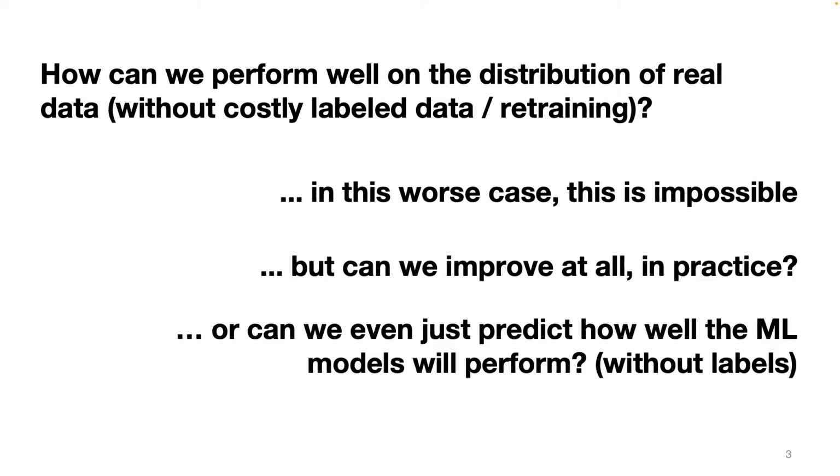Maybe before we even talk about improving performance, let's talk about what seems to be a simpler problem: I'm given a classifier and a new data set from some different distribution.